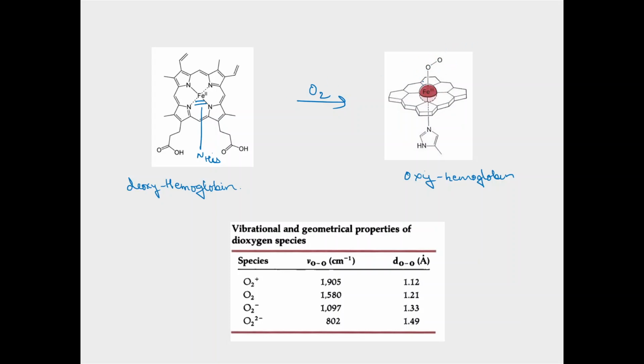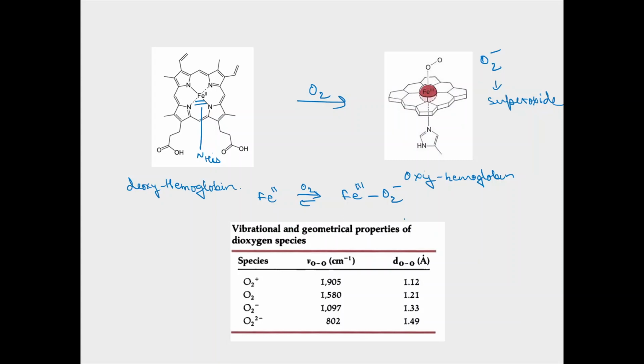The O2 is coordinated in a bent fashion, and we should know that. This is an O2 minus species, which means it is a superoxide. Earlier iron was in the +2 oxidation state, then after coordination to dioxygen, iron goes to the +3 oxidation state.